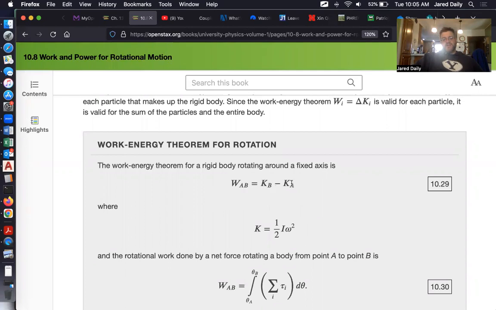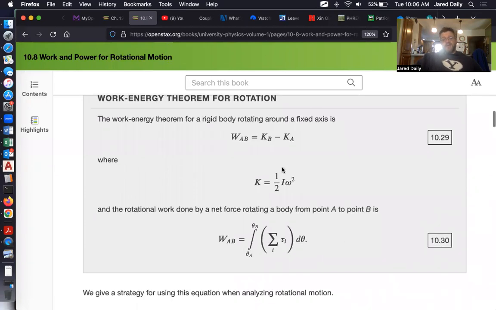So kinetic energy at B minus kinetic energy at A is equal to the work done from A to B. Kinetic energy is actually going to be equal to 1/2 I omega squared, very similarly to linear kinetic energy equaling 1/2 mv squared, right?